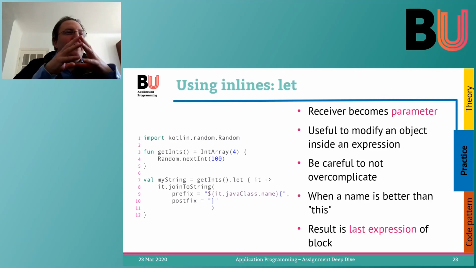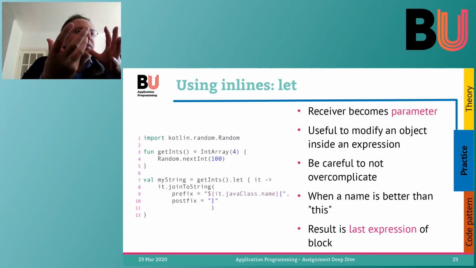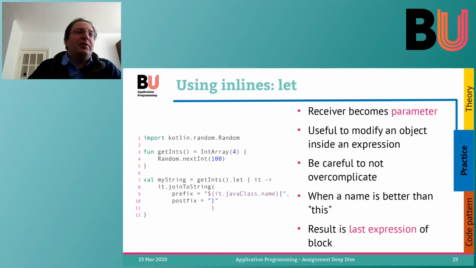So we can use this. In this case I just use the result of that getInst function. I don't really want that, except I want to do some transformation, so we just make it here.